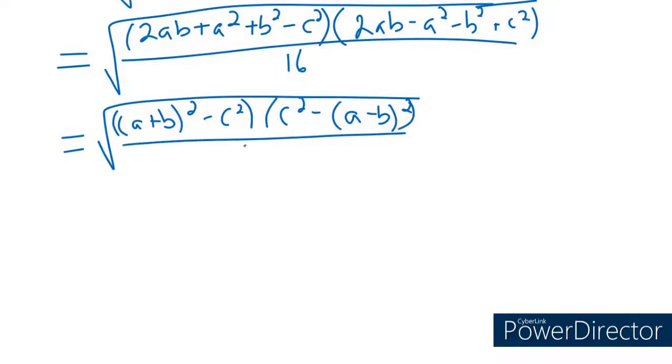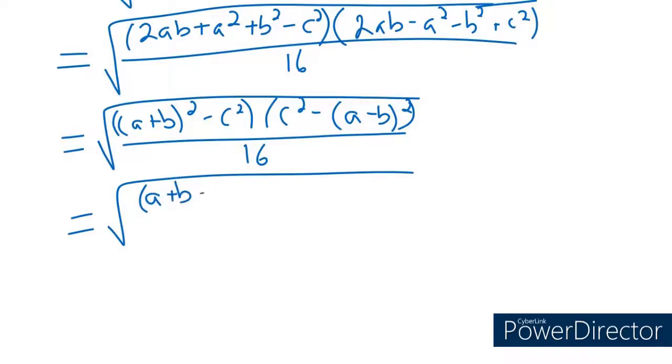After that, we would simplify this even further by getting a plus b plus c times a plus b minus c times b plus c minus a times a plus c minus b.